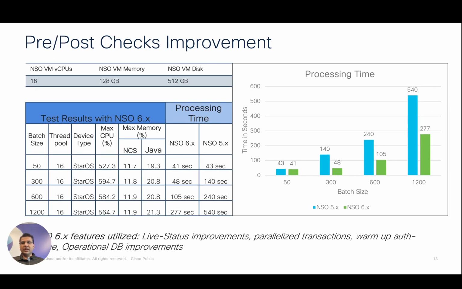Last but not the least, the pre-post check. As I mentioned, the pre-post checks extensively use the live status command that has been improved in NSO 6.x. So if you see here also, we are getting a great improvement in the overall performance.